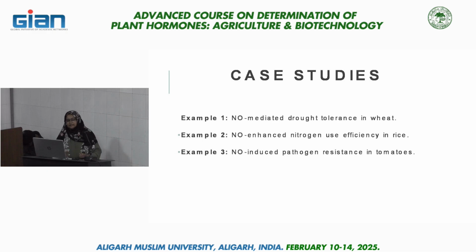Secondly, it enhances the antioxidant defense mechanism in the drought tolerant wheat plant, leading to enhanced generation of antioxidants like superoxide dismutase, catalase, ascorbate peroxidase and glutathione reductase. Besides this, it also plays an important role in osmotic adjustment and metabolic regulation.